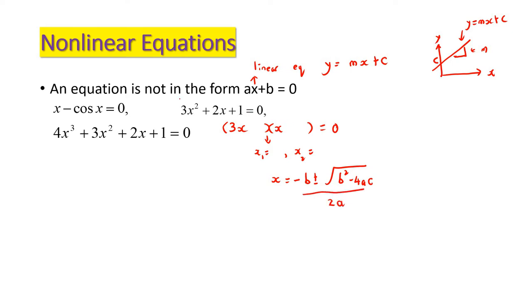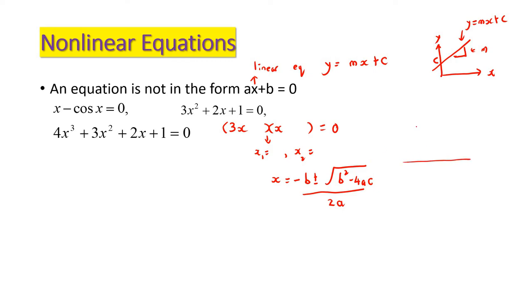So quadratic equations are actually one type of nonlinear equation. The way to find the roots: either you can factor it, or else you can use this formula to get the roots.